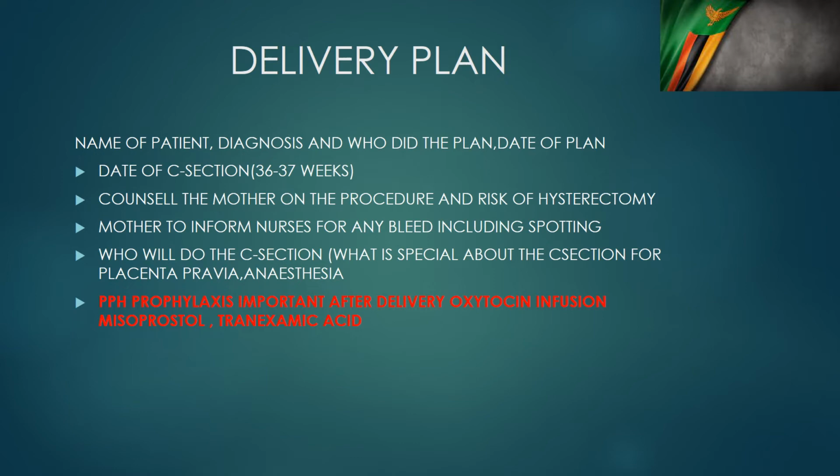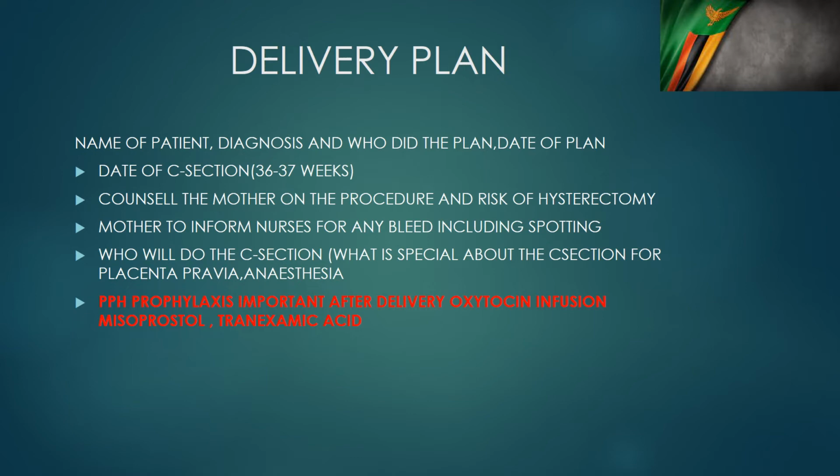Secondly, we do not just say that we are going to do this cesarean at 37 weeks. We need to write the date. When does that 37 weeks come up? So we know how to verify dates. We know how to use that early scan to know the dates. Then we give this mother the actual date this cesarean section is going to be. If nothing changes, if everything remains stable, we give her an exact date.